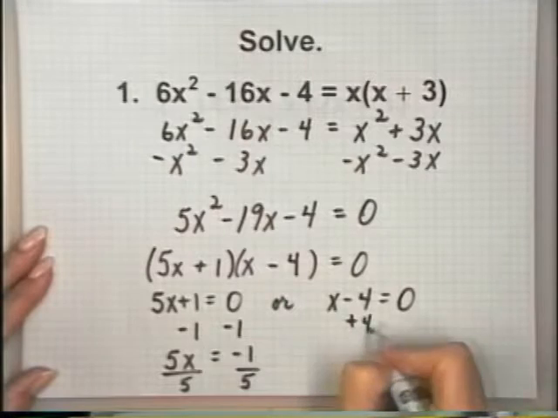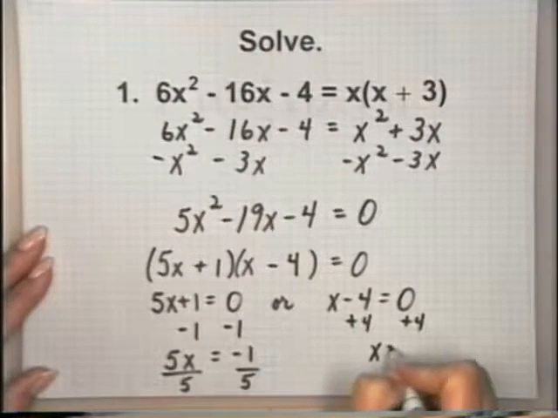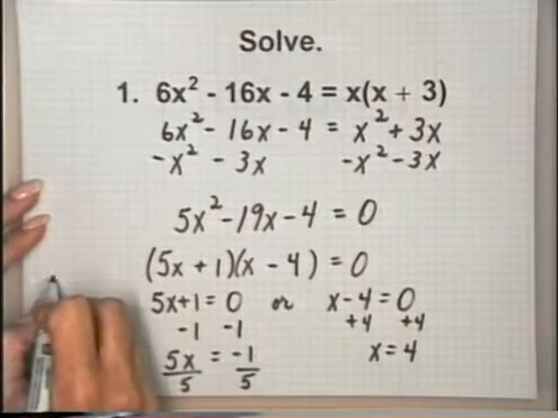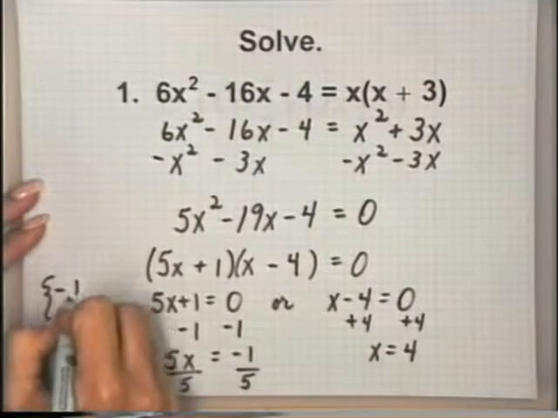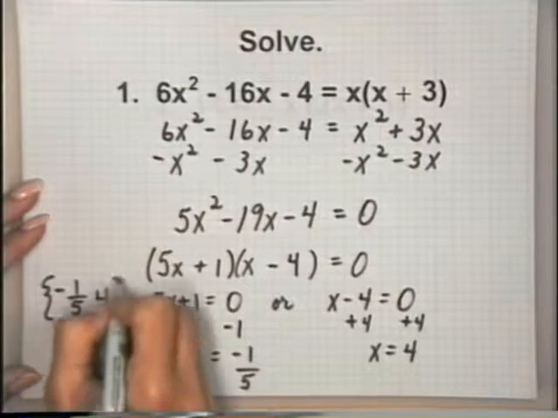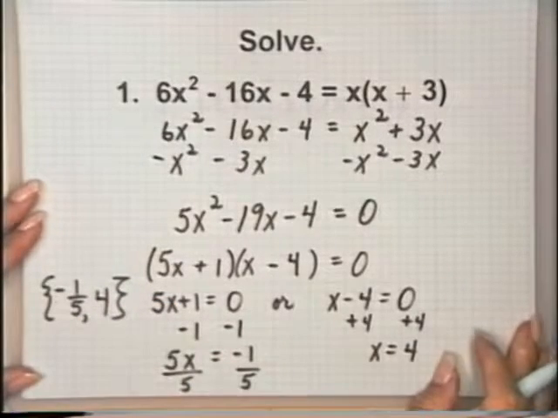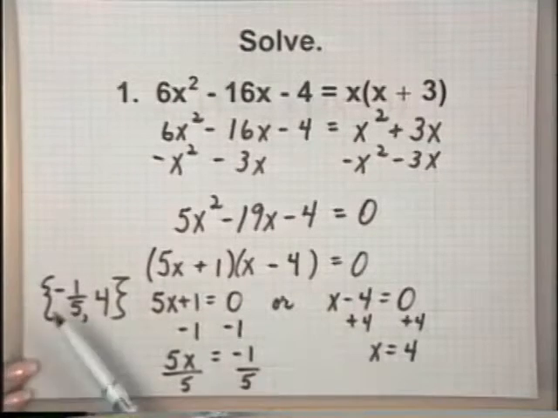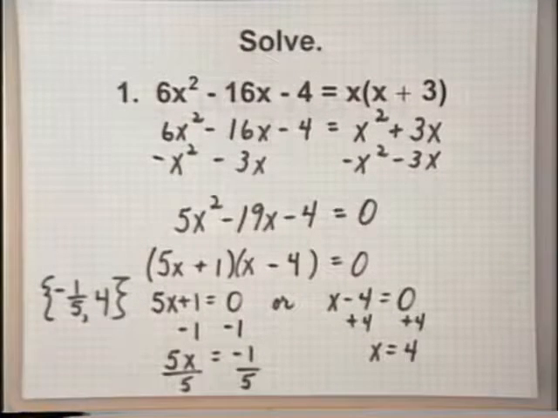I'll add 4 to both sides. So I get my two solutions are negative 1/5 and 4. And I will write those using solution set notation. Of course, I can check both of these, but I will leave the check to you.